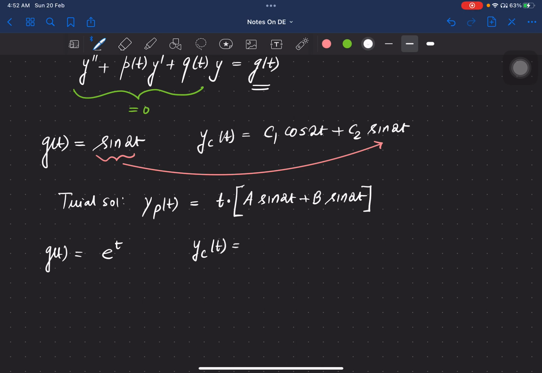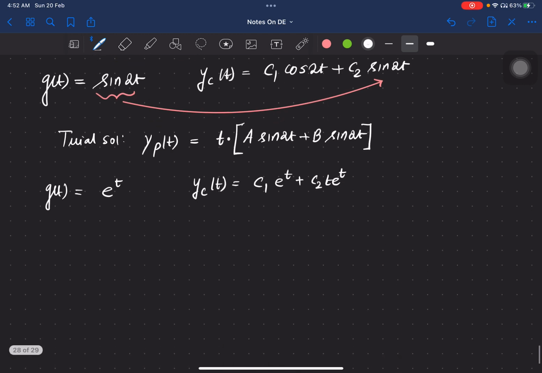That is, the characteristic equation of the homogeneous part contains 1 as a multiple root, meaning 2 times. So the solution, suppose, was c1 e power t plus c2 t e power t. So it was the solution of the homogeneous equation if the multiplicity of 1 is 2.